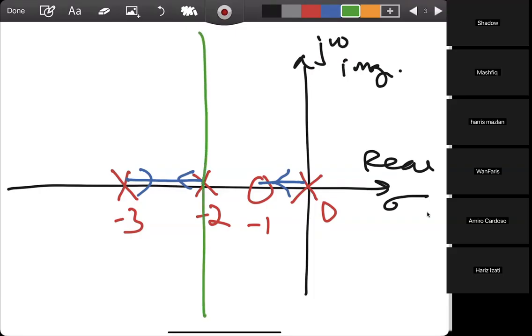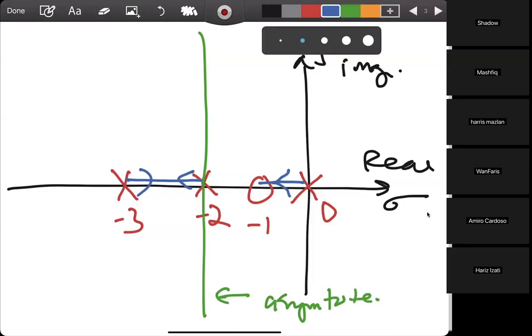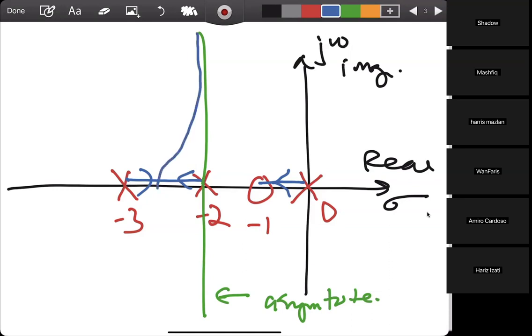Okay, something like this, angle of asymptote. And then the locus is something like this and goes here. Okay, so it is bent a little. There is a curve due to the zeros here.